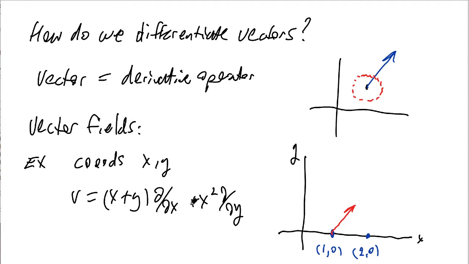This would be 2 d by dx plus 4 d by dy. So we'd have a relatively much larger arrow here. And let's pick one more point, say 0, 1. So this would be 1 d by dx plus 0 d by dy. So that would be something like this. So at each point in the space we have a vector, and that's referred to as a vector field.